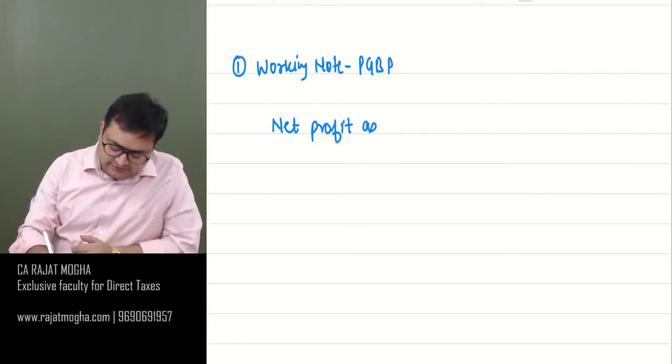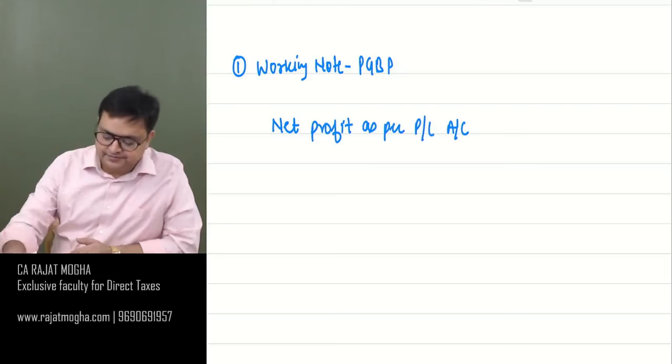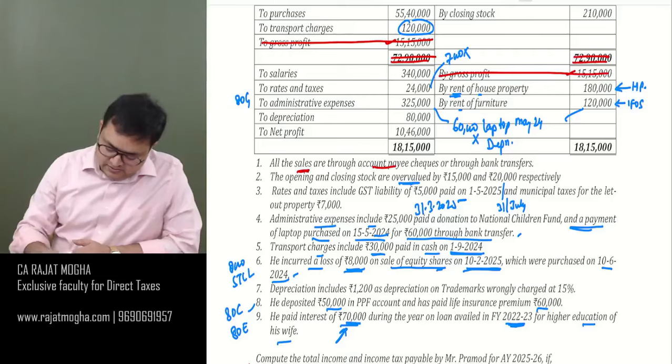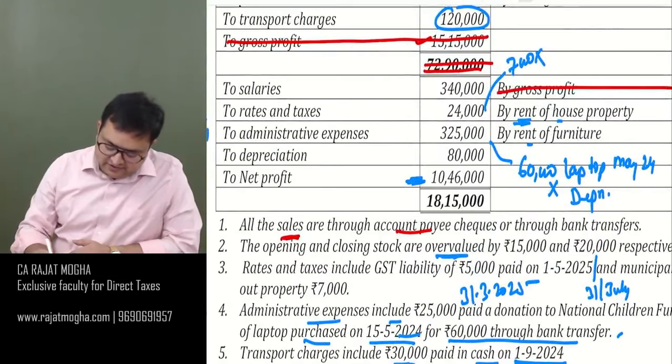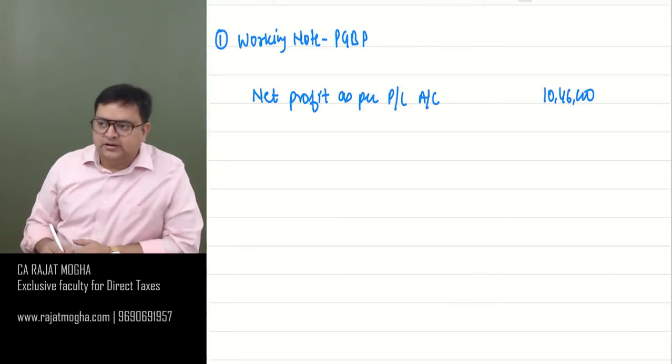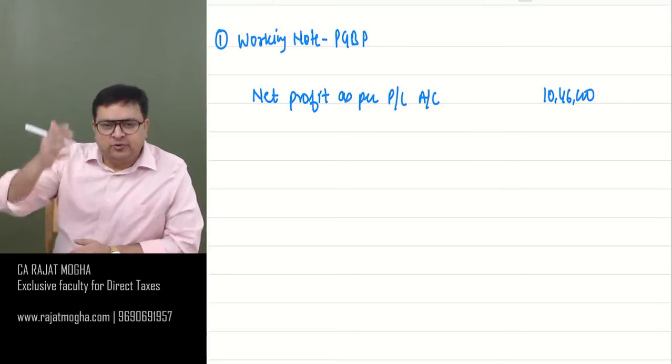Net profit as per P&L account. It was 10,46,000. Step 2, look at your debit side.